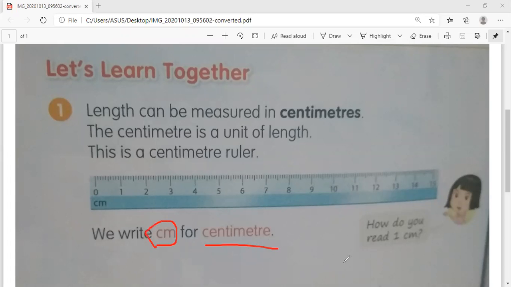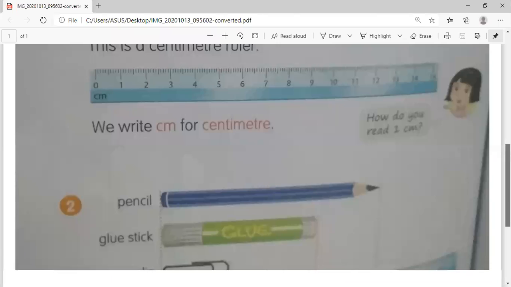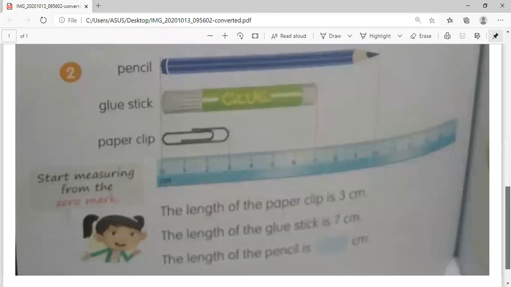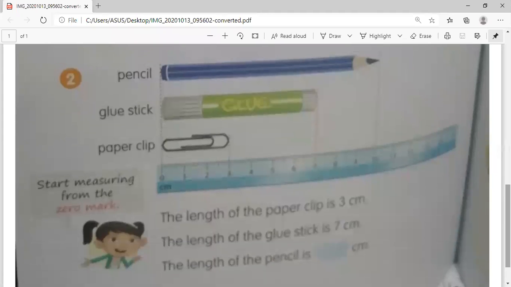Now, you can see, to measure the length, we always start from the zero. Yeah, from the zero. Now we are going to see how to measure the length. Now this is an example. We have three objects here. Three things here.